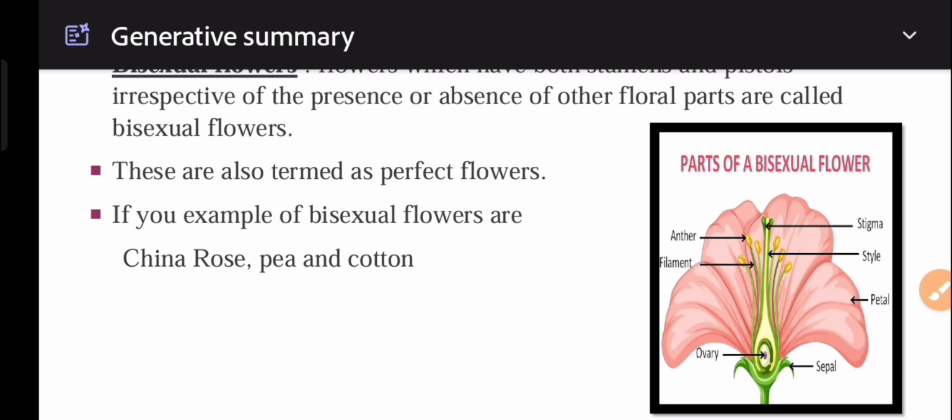It consists of four whorls, so that's why it is called a complete flower. Examples: datura, china rose and then mustard, etc.